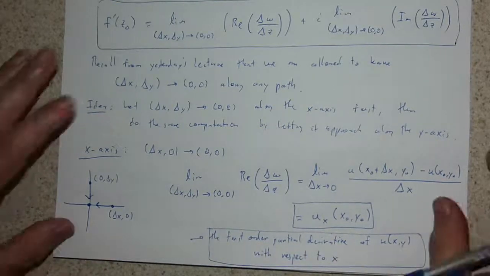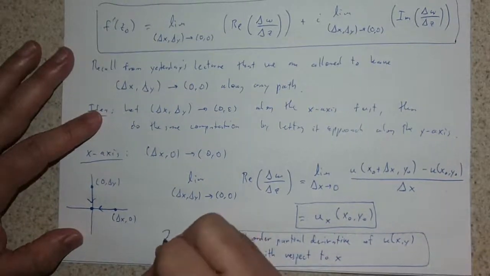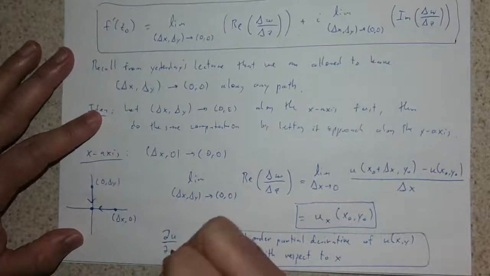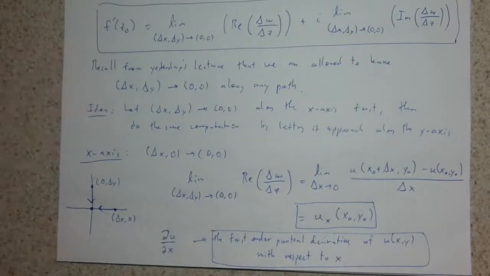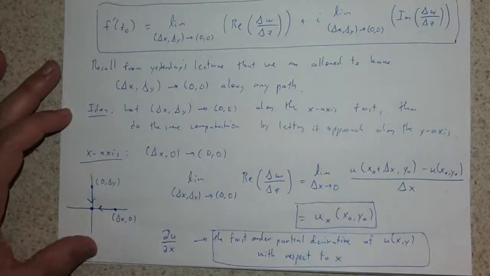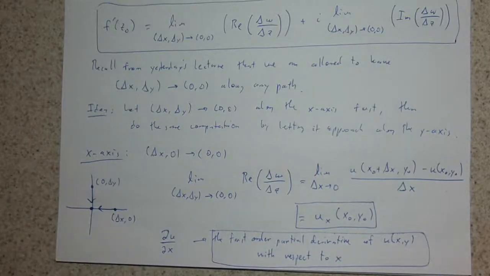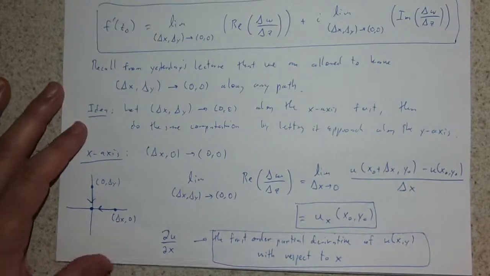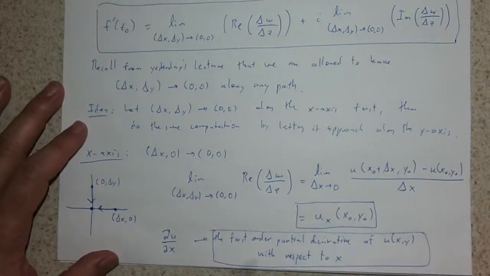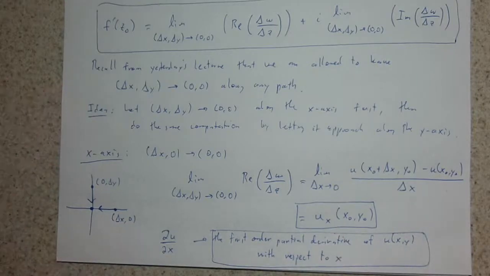Maybe you're mostly used to seeing this sort of notation, del u, del x. For convenience's sake, it's nicer to use subscripts here. It's a lot more compact, a lot more manageable as far as the notation goes. So u sub x is the x partial of this function of x and y, at that point (x naught, y naught).